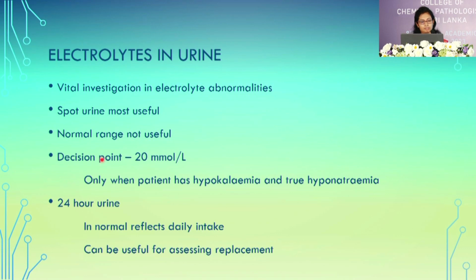So the spot urine is the most useful one, and we usually don't use a normal range. We use this 20 millimoles cutoff only when the patient has hypokalemia or hyponatremia. And 24-hour urine is also important, but it reflects actually daily intake, and this can be useful for assessing replacement.